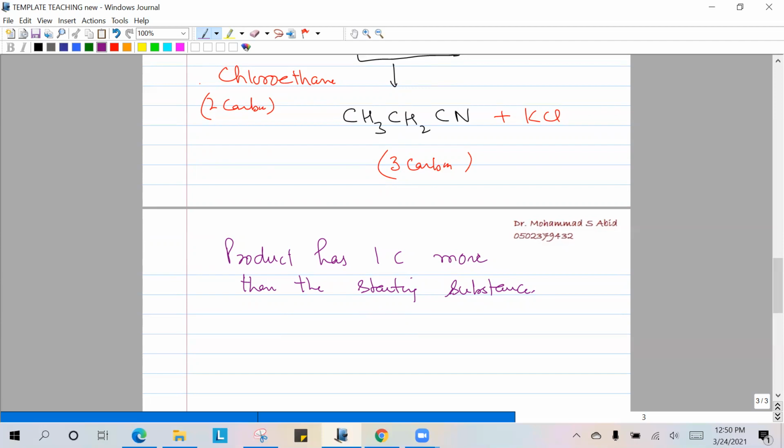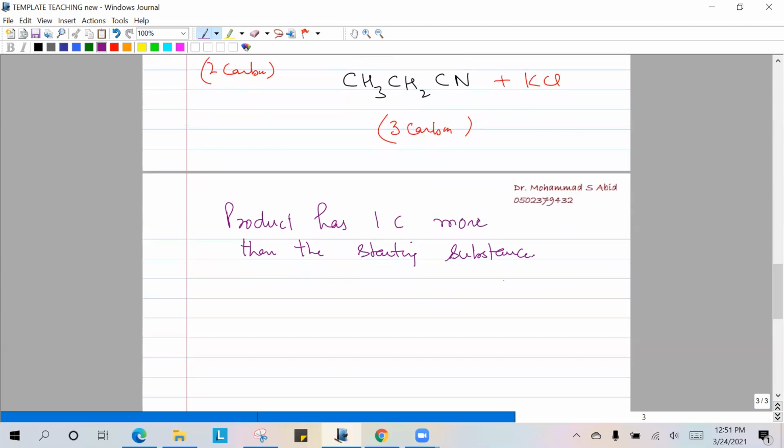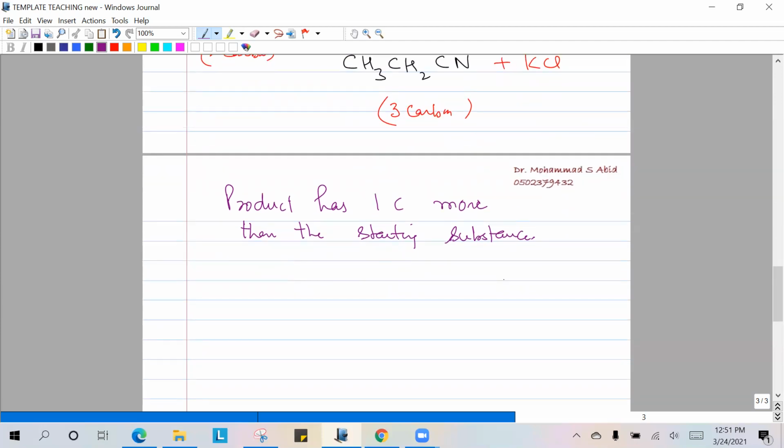While you are converting the chloroethane to propanol, you will have to use the CN in between. There will be several steps. In between, you will have to use the CN because CN brings the 1 carbon atom. And then once it is CN, cyanide can be changed into different forms, alcohol or something. We will talk about that later on.